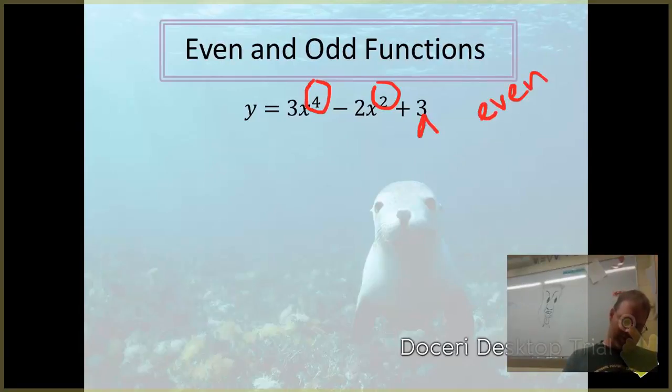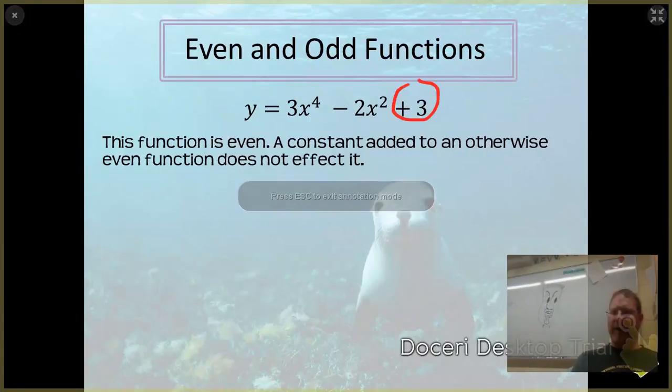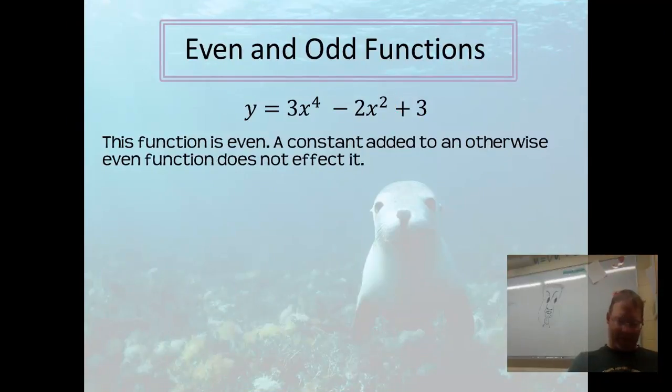But what about this? Do you know? Well, this function is even because a constant added to an otherwise even function does not affect it. Okay, so in this particular example, this doesn't affect whether or not a function is even. It does, however, affect whether or not a function is odd.